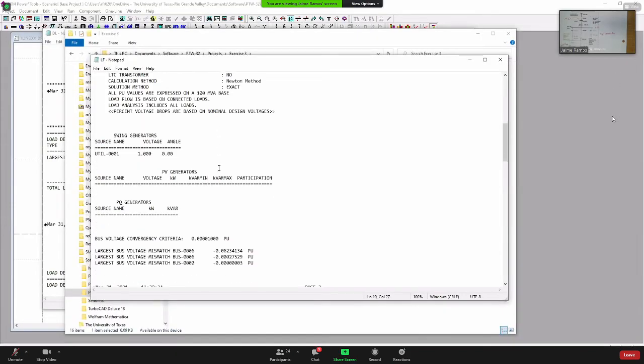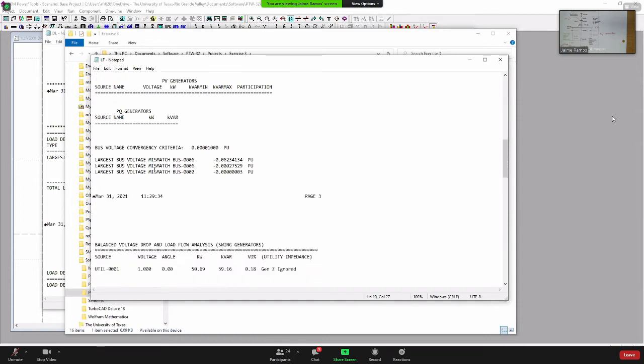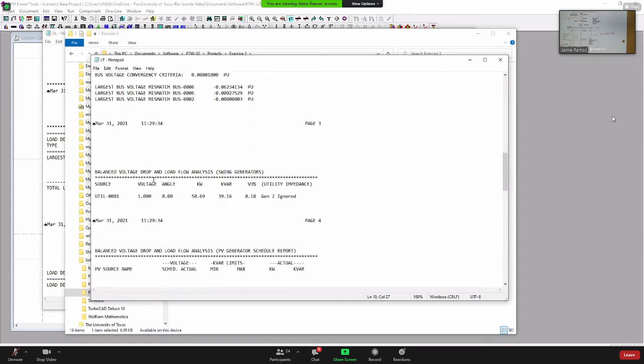Okay, so the voltage at the generator is 1 per unit. Voltage convergence criteria. Okay, balance voltage drop.